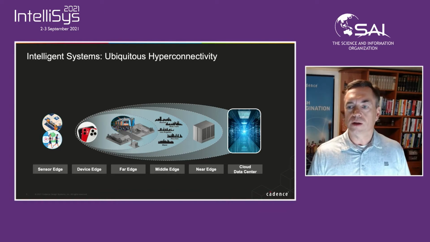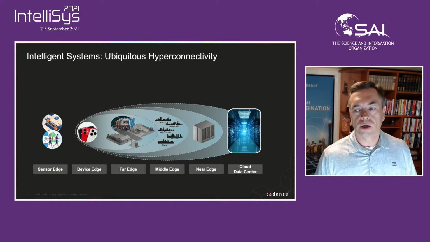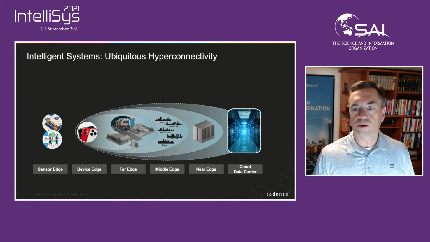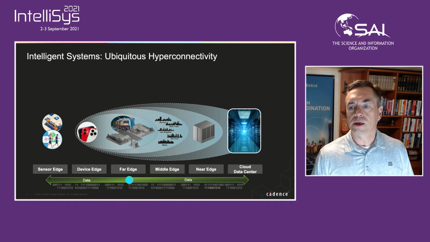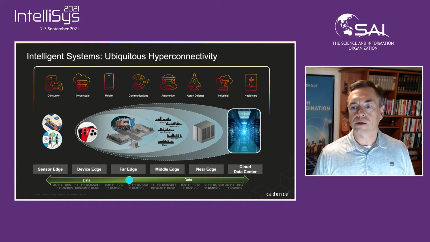So you have near edges and then your device edge and your sensor edge. And the big question Cadence is involved in enabling all this from a chip and system perspective is, where does the compute happen and what do you do with all the data across that whole ecosystem of hyper-connected devices?